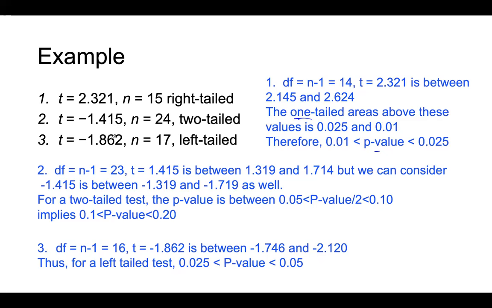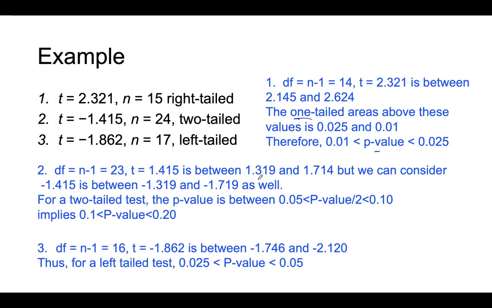For the next question, we look at the t-value when it's a two-tailed test. Remember it's symmetric, so it doesn't matter; this t-value is negative 1.415 due to the symmetry.